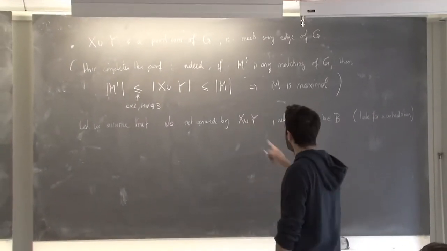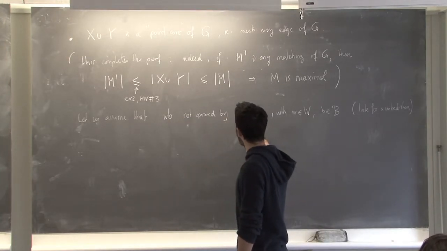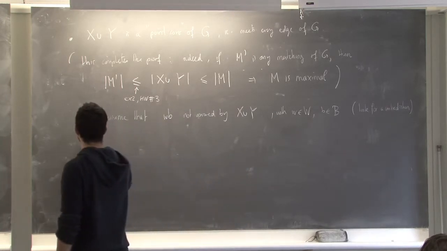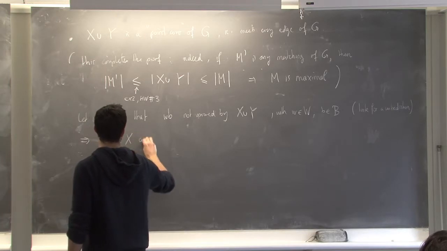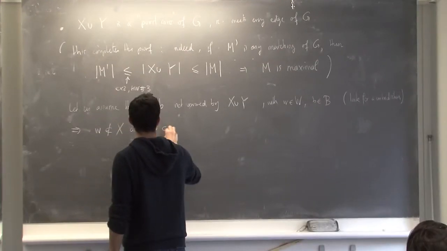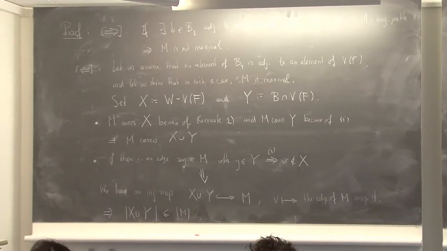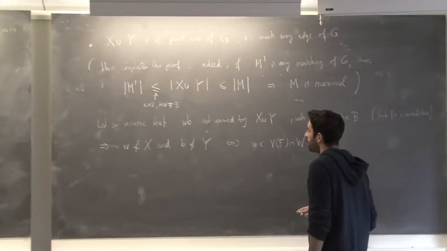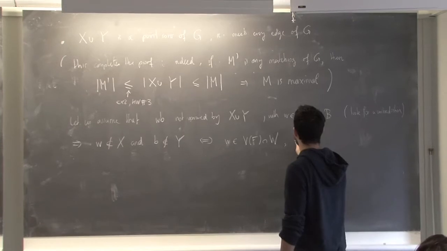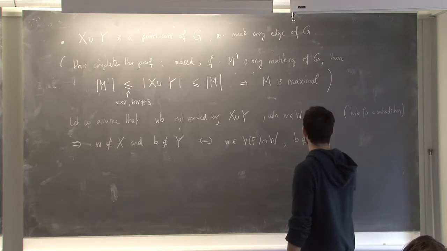Okay, so let's think. We assume that WB is not covered by X union Y. So it means that W is not in X and B is not in Y, which means that W is in V of F and B is not in V of F.